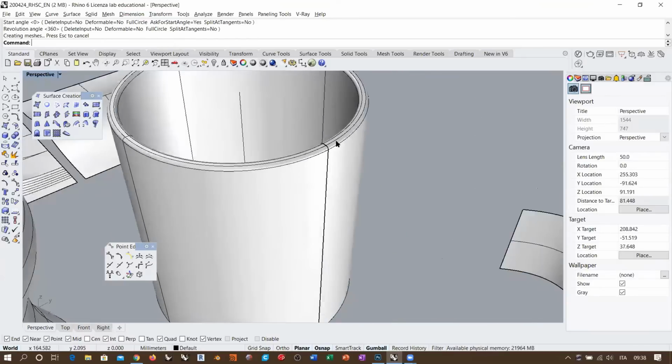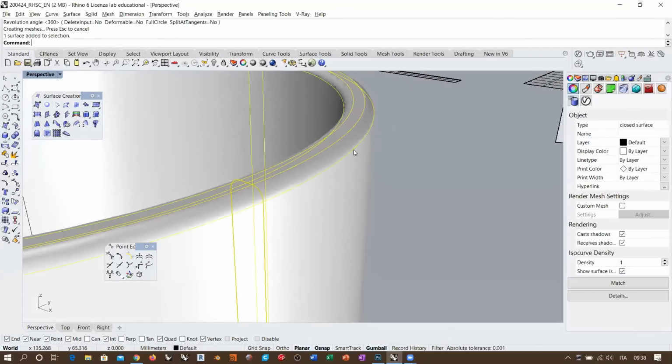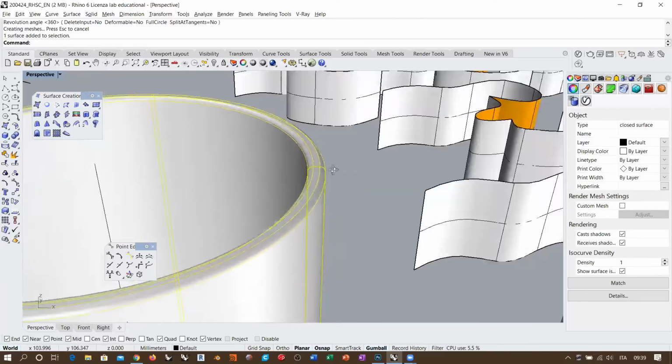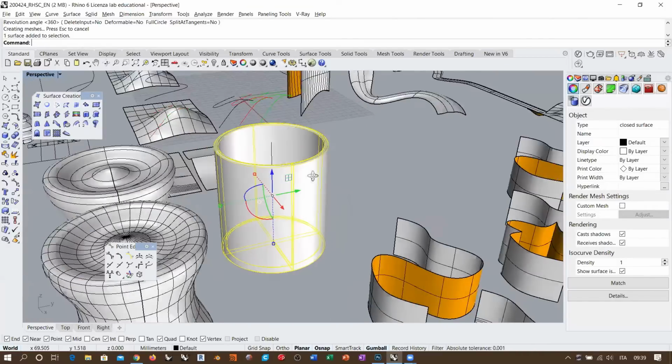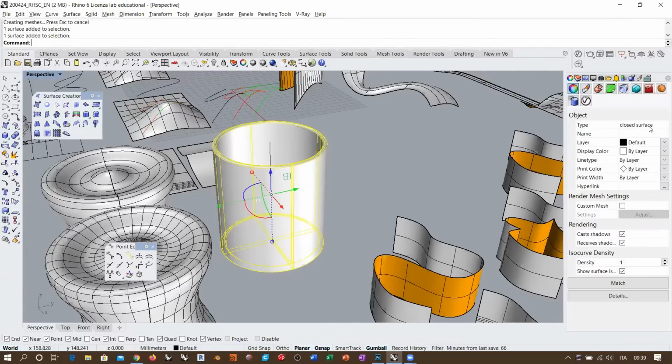Now, in this case, you see that there is no visible internal edge. So this discontinuity is not a tangent discontinuity, which is the typical situation where you have internal edges appearing, but it is a curvature discontinuity, which is not taken into account during the revolve. So you see that we have the absence of internal edges, which means that this is still a closed surface.